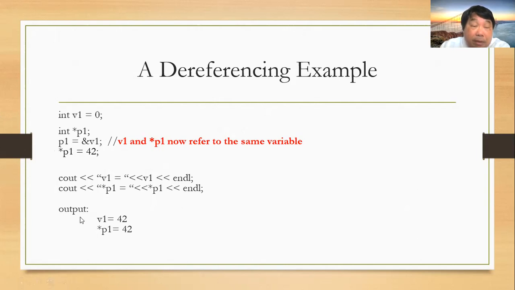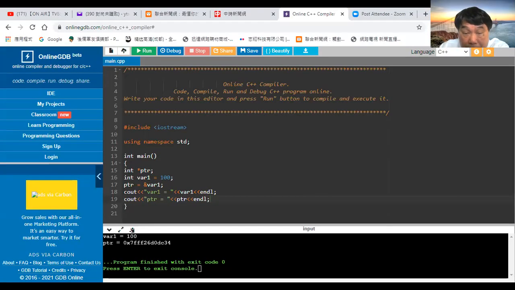Then we use two output statements to output the value of v1 and asterisk p1. We can expect both to have the same value of 42. Next, let's run it on the online compiler. Now let me switch to the online compiler. Let me cut and paste the sample code.